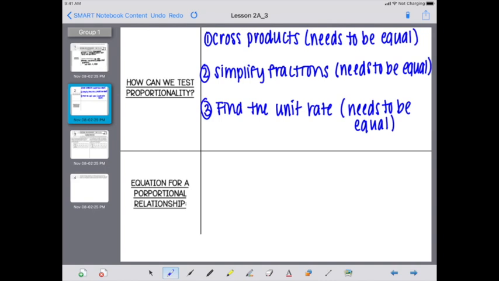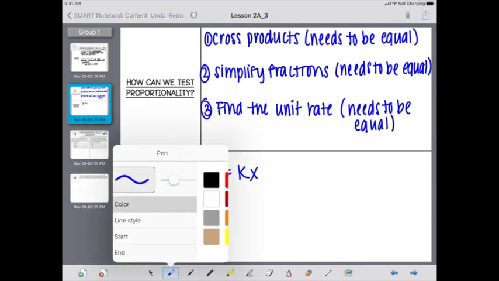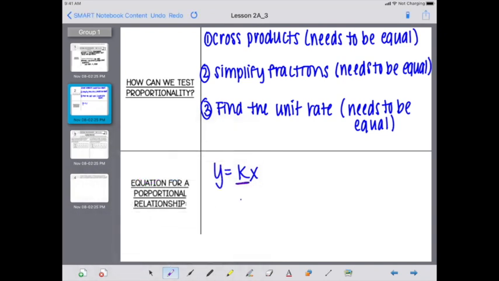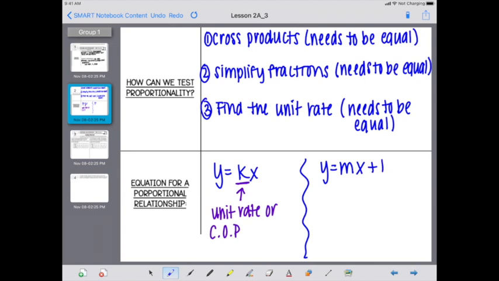Okay, so the equation for a proportional relationship is in this form: y equals kx. The k stands for your unit rate, or your COP, which is your constant of proportionality. Another equation that you can use, and in 8th grade you'll be using, is y equals mx plus b.